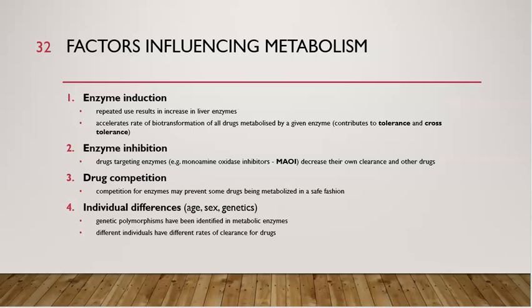Now, we talked about that a little bit with that example with grapefruit juice, but we also have drugs that are specific to inhibiting the breakdown of other drugs, or even the breakdown of neurotransmitters. So a great example of that is MAOIs. So this is monoamine oxidase inhibitors, which are used a lot of times for antidepressant, anti-anxiety.